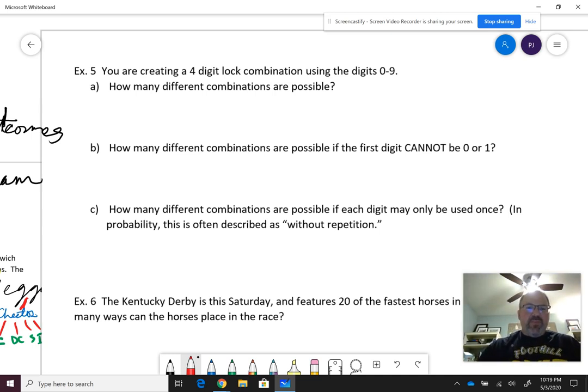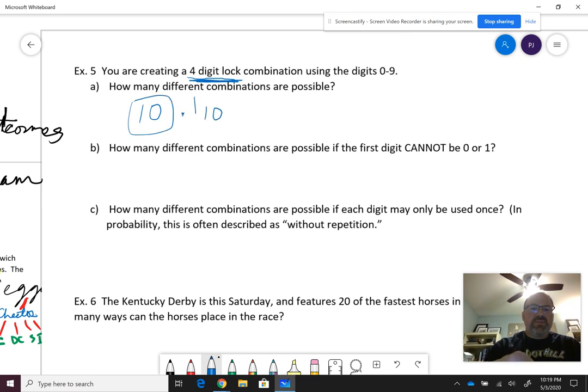All right, example 5. You're creating a 4-digit lock combination using the numbers 0 through 9. How many different combinations are possible? So think about this. You're using the numbers 0 through 9. How many different numbers are there? That's not 9, that's 10. 10 different numbers. It's a 4-digit lock combination, so there's 1.